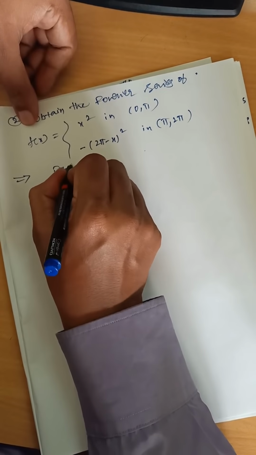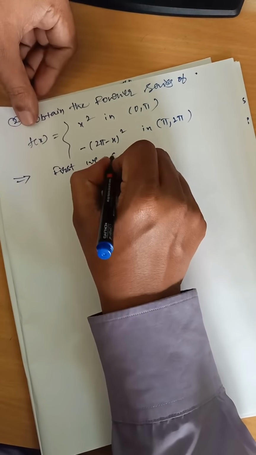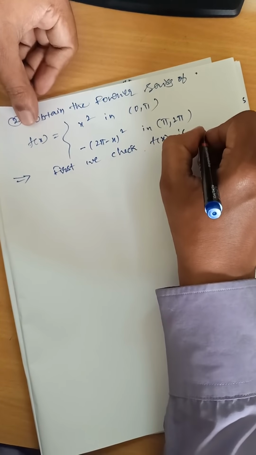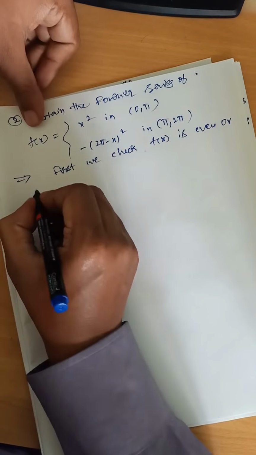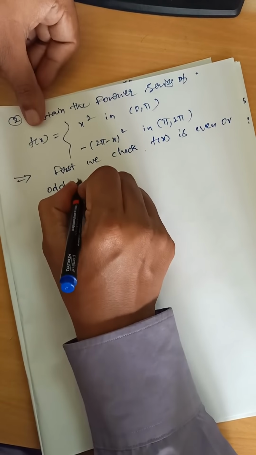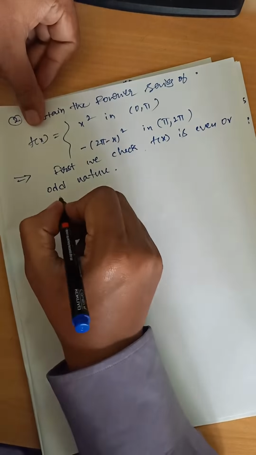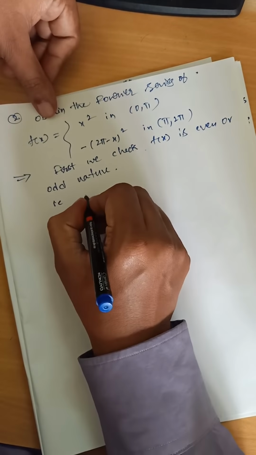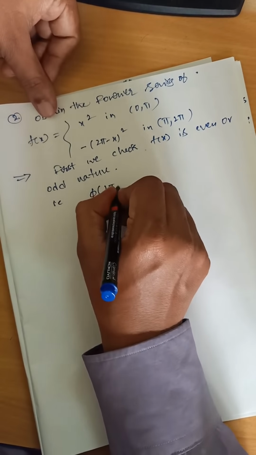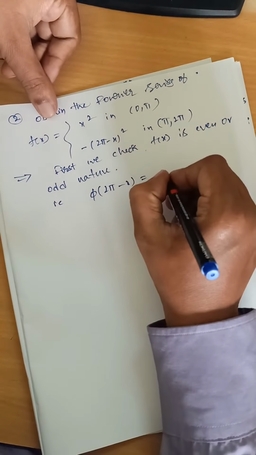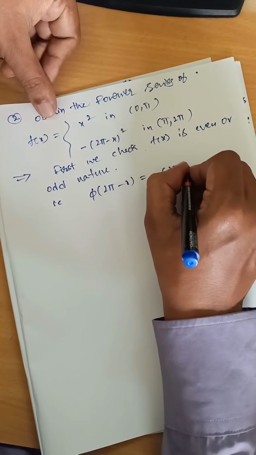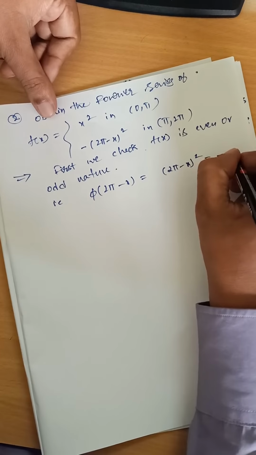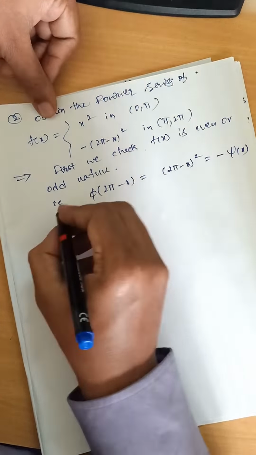First we check f of x is even or odd nature. That is, phi of 2 pi minus x is equal to 2 pi minus x whole square is equal to minus psi of x.